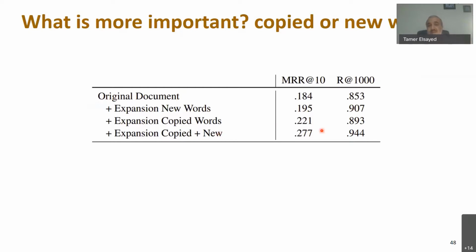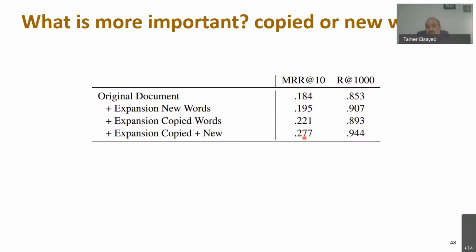And the new terms also are important, okay? Because without them, there was a big difference here. So you see here, even the improvement when we add both is more than the addition of the improvements from both the new words and the copied words, which is really nice.